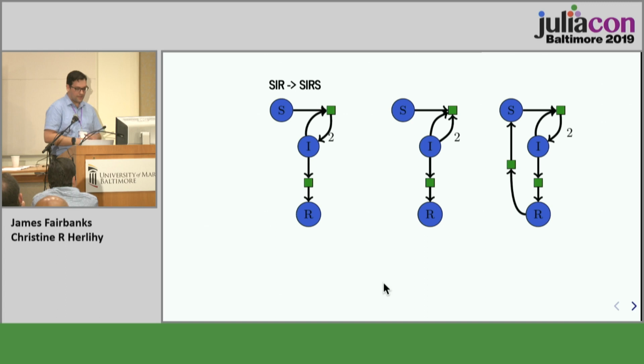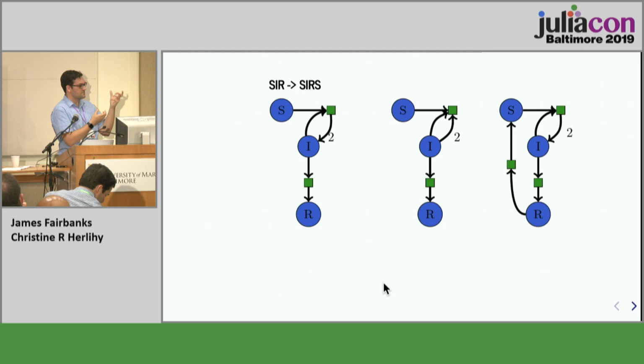So I'll get here. So this is an example of turning a disease that's SIR, that's on the left, to SIRS. These are diseases that you can get over and over again. And this is a meaningful transformation to the modeler. If we just treat models as Julia functions, you can't talk about these changes, where you say these two functions are similar, except there's this little diff.